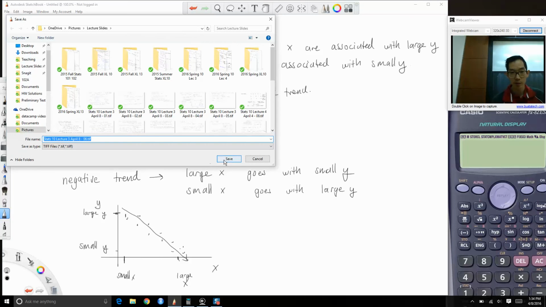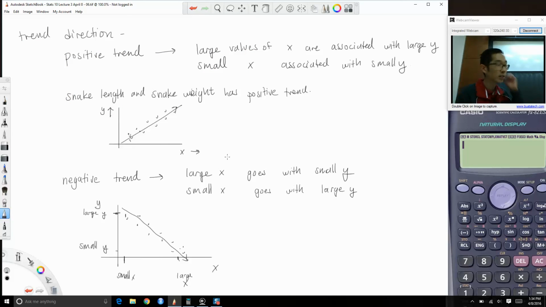Okay, so something that might have a negative trend would be something like mileage on the vehicle and resale value. Vehicles with low mileage will tend to have higher resale value.